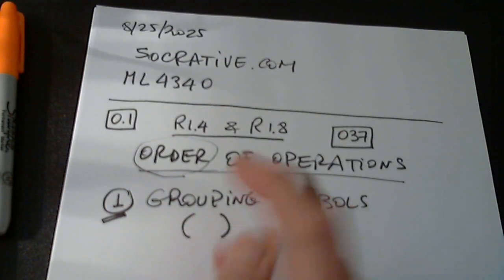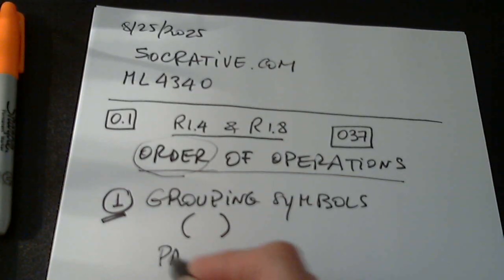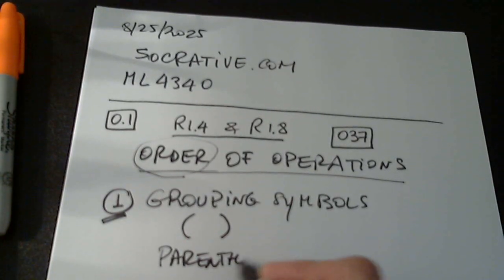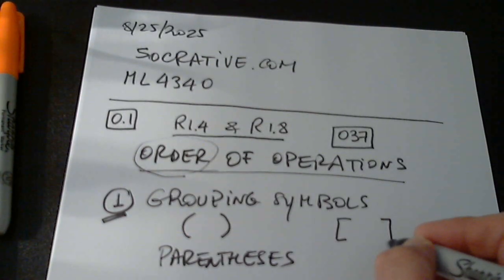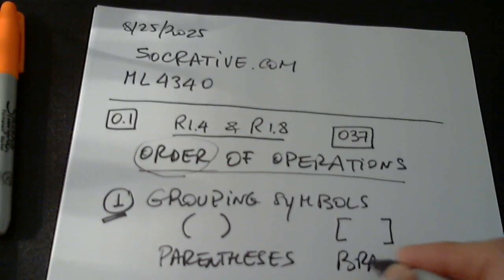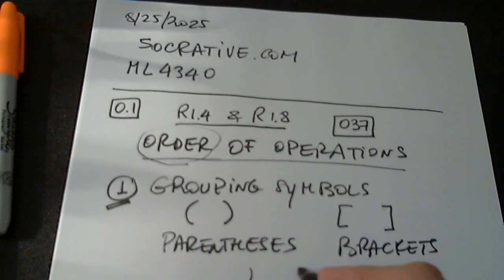This is a grouping symbol, parentheses. This is another grouping symbol, brackets. And we do have a third one, braces.